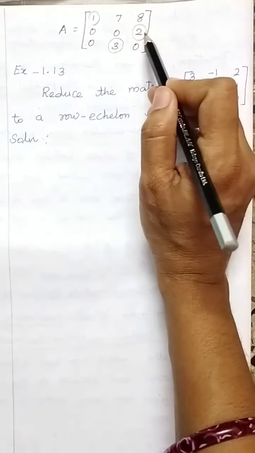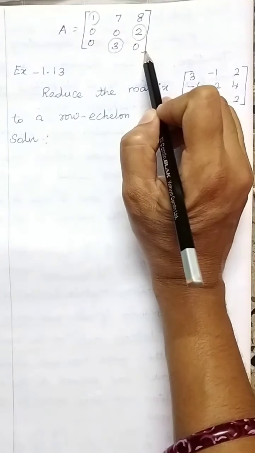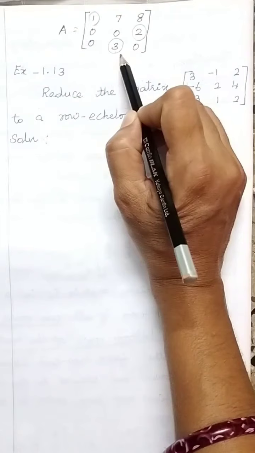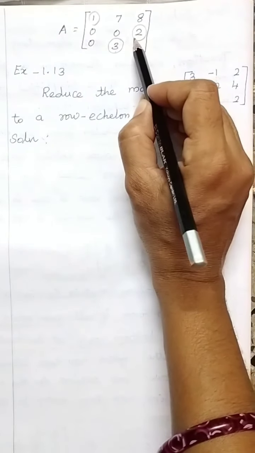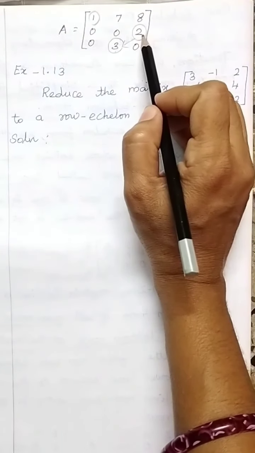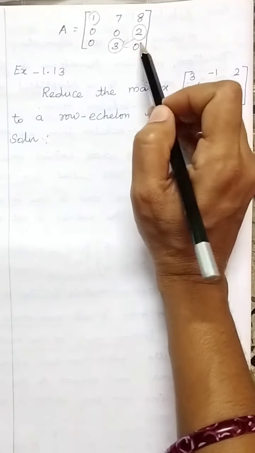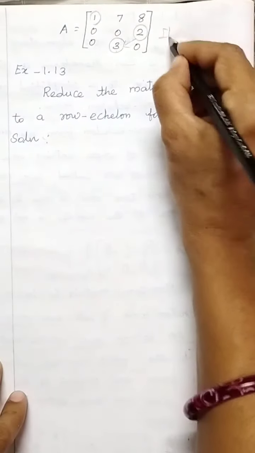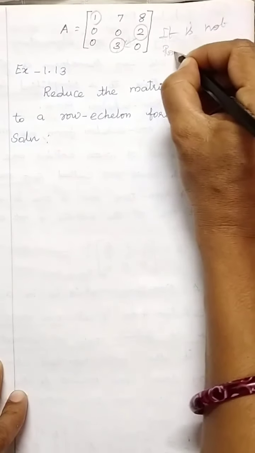So compare these two. Our lower row non-zero entry occurs to the left side of the non-zero entry of R2. So it is not a row echelon form.